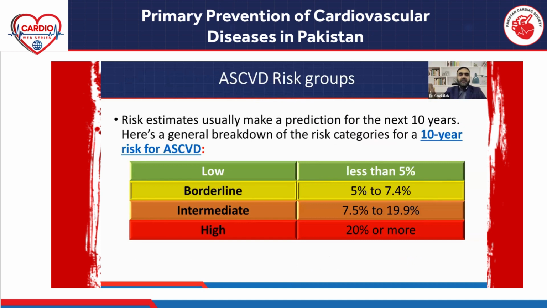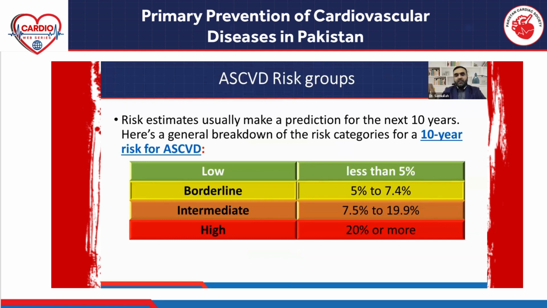We divide patients into different groups on the basis of the 10-year risk of ASCVD when we use the risk calculator. If the 10-year risk is less than 5%, this is considered low risk.